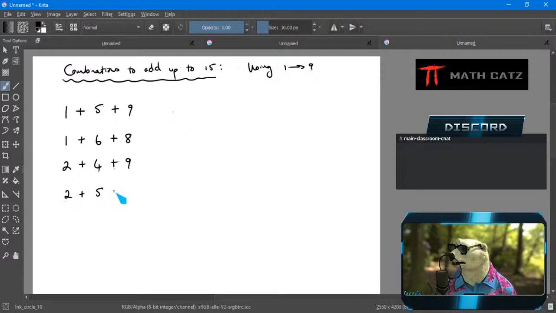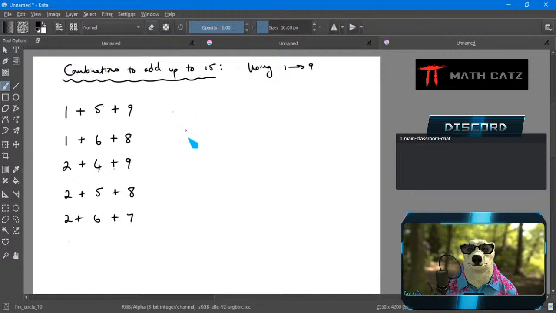So now I have a 7, and the next one would be an 8 to complete it. Then go to a 6 for my second number. That gives me 8 so far. 7 would complete that. Do I need to go to 7 for the second number? No, because then I just get this one back. 2 plus 8 would just get that one back. 2 plus 9 would just get that one. So I'm done. Well, rather, I'm done with starting with a 2.